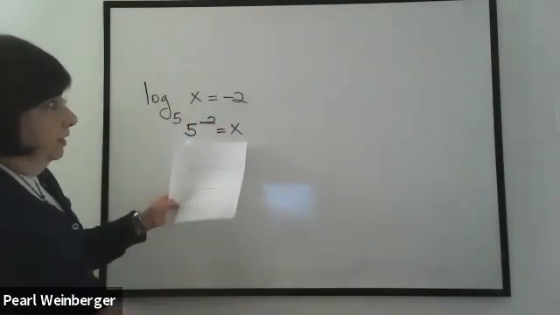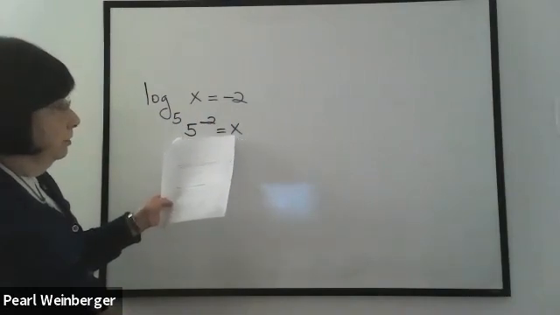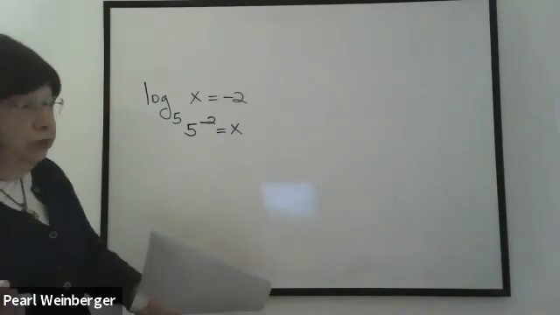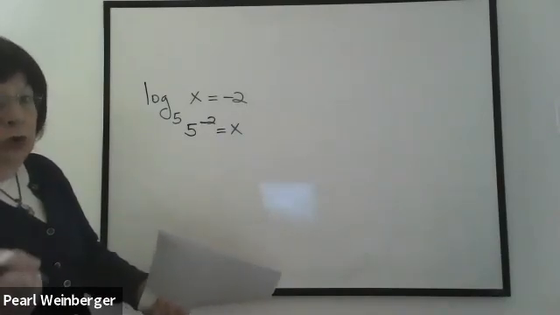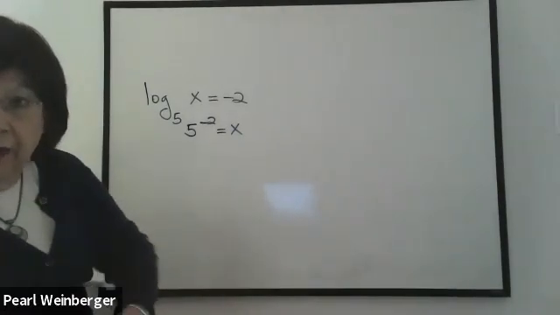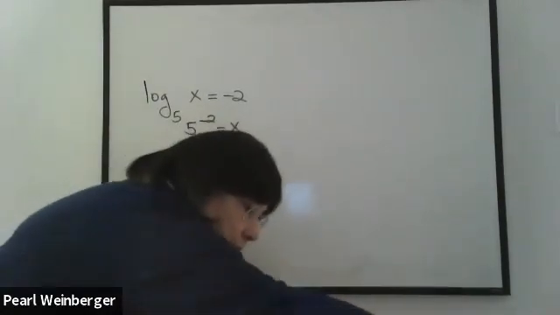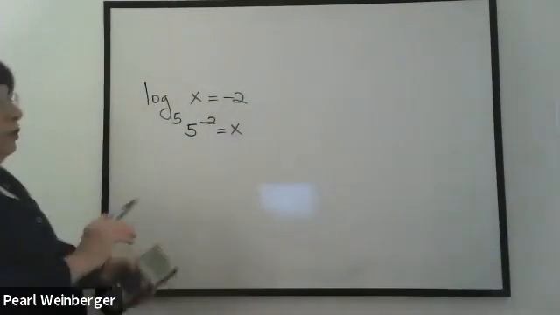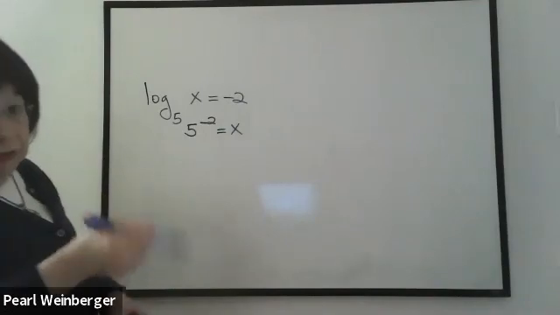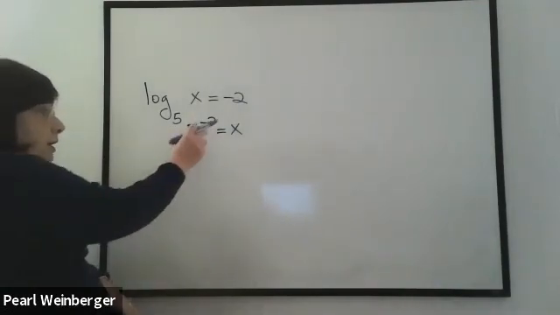And in order to find x, all I have to figure out is what 5 to the -2 is. Now, I can either do this using my calculator, or I can do it using my knowledge of exponents. And I'll do it both ways, and I'll show you that you really get the same answer.